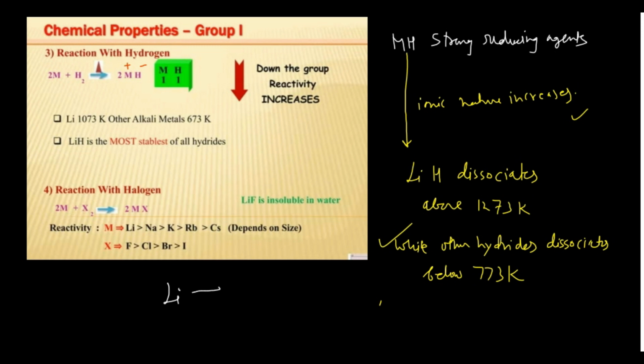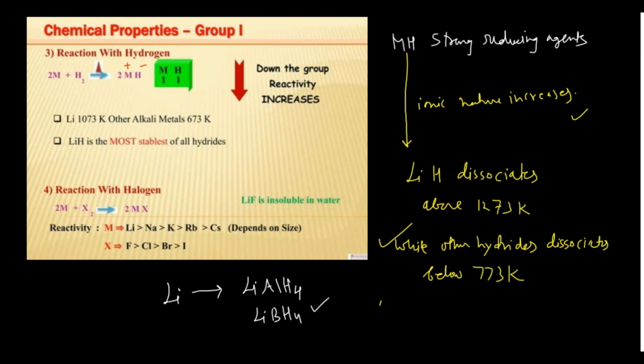When you do organic chemistry, you must have learned about this very famous reducing agent, lithium aluminium hydride, or lithium borohydride. Lithium also forms these things, and that's why lithium is very, very important. So this is all about the properties of the hydride, that means the reaction with hydrogen.